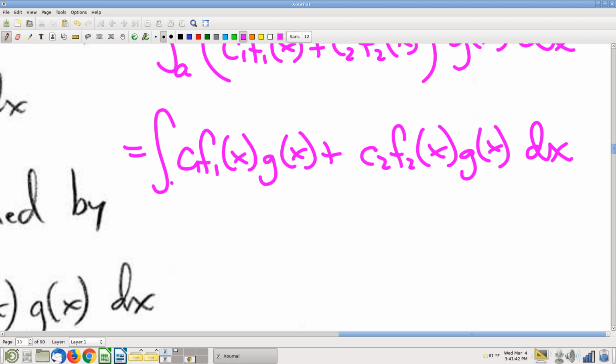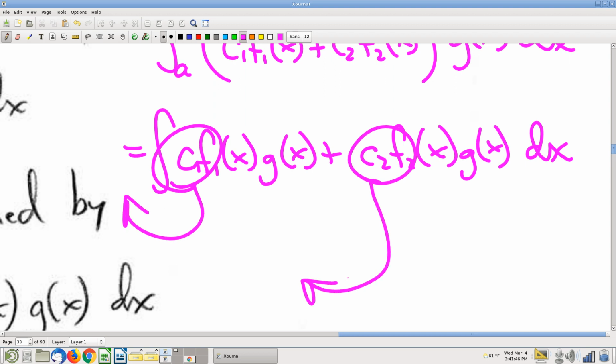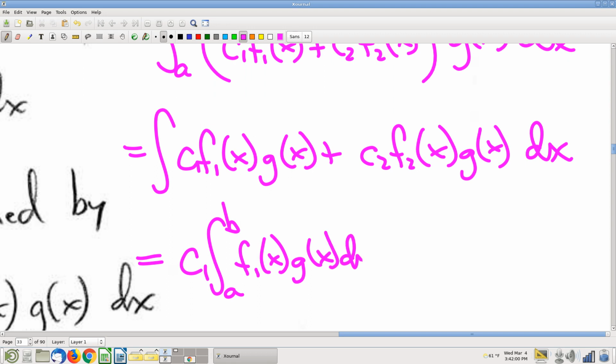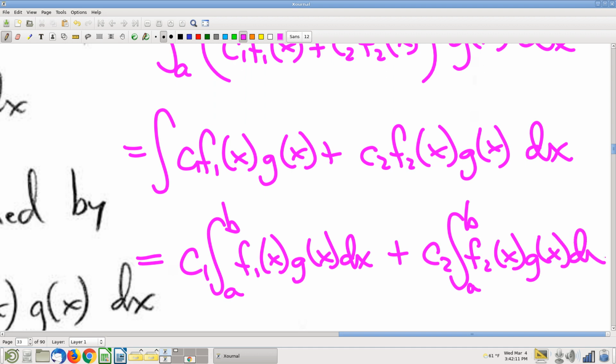Further recall, for each one of those, you can factor out constants. So, just a little bit of calculus, no big deal. I can rewrite all of this as c1 integral of f1 of x g of x dx plus c2 integral of f2 of x g of x dx.